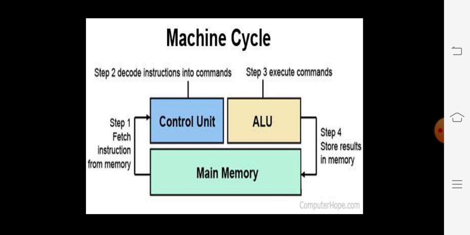Fetch instructions from memory. Okay, after fetching the data from memory, what is the second step? Decode the instructions into commands. That is, whatever data it fetches is then converted into machine understandable language, that is binary language. So the fetching is controlled by which unit? Control unit. Is it clear? So first step, fetching the data. Second step, decode the data.